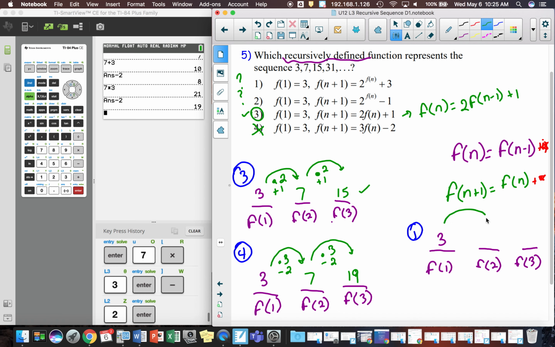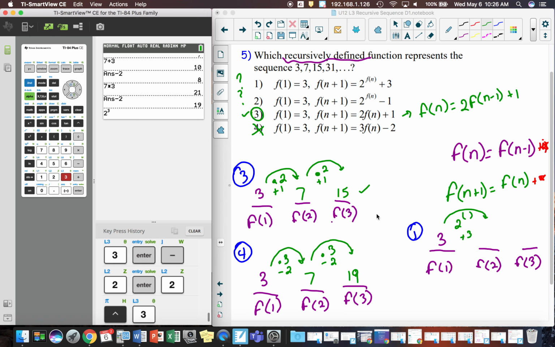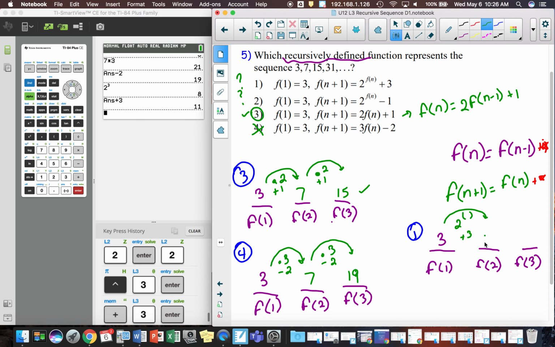It says do 2 to the previous term power, and then we add 3. So we're going to type in 2 raised to the third power, because that's our previous term, and then plus 3. And that gives us 11.